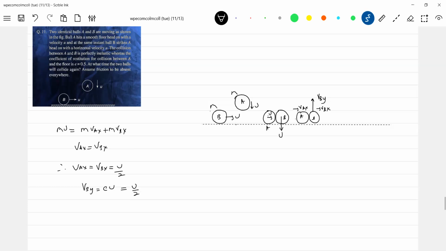And then what is the trajectory? The ball B is going to move in a parabolic path and will come here. And the ball A will just move. Okay, based on size, after what time will the two balls collide again?